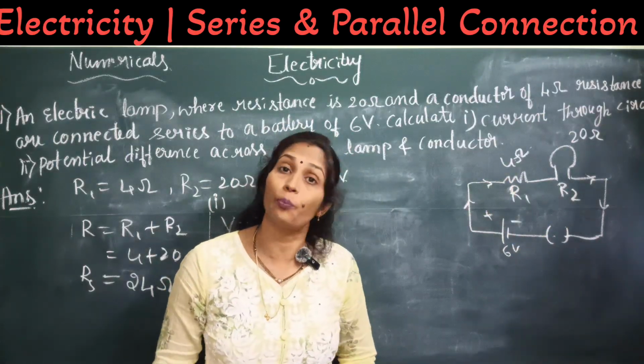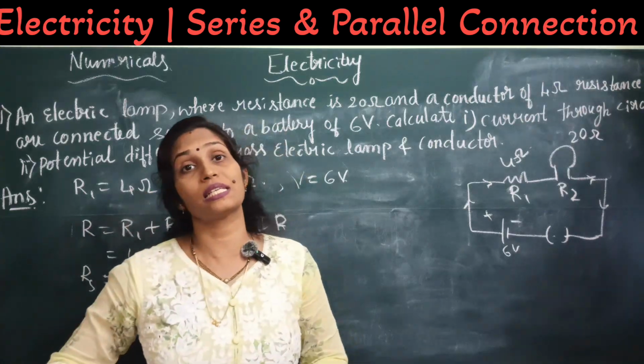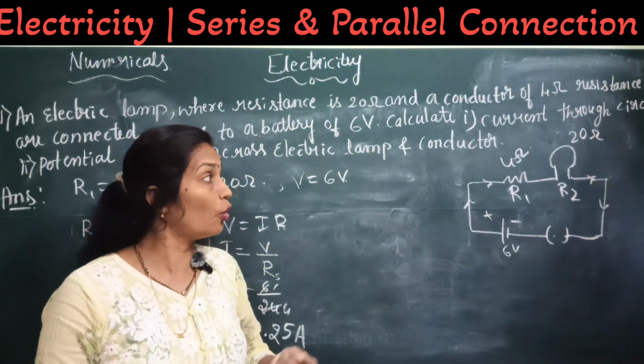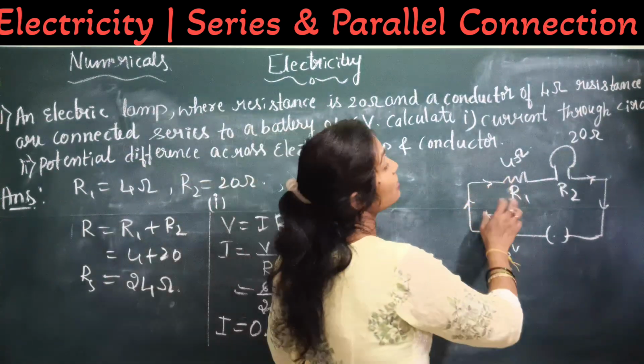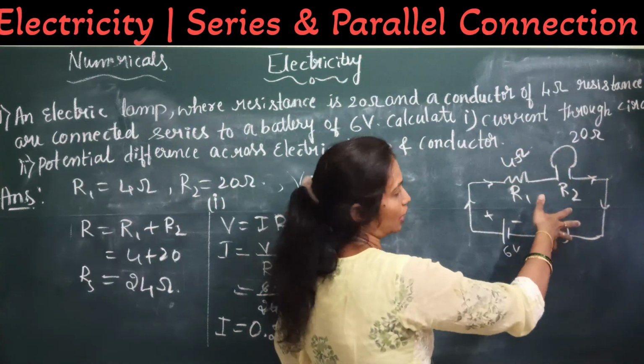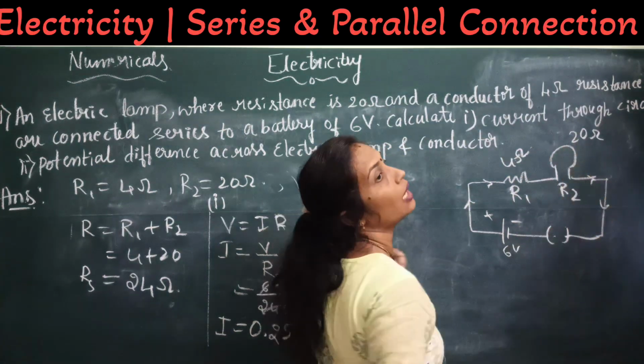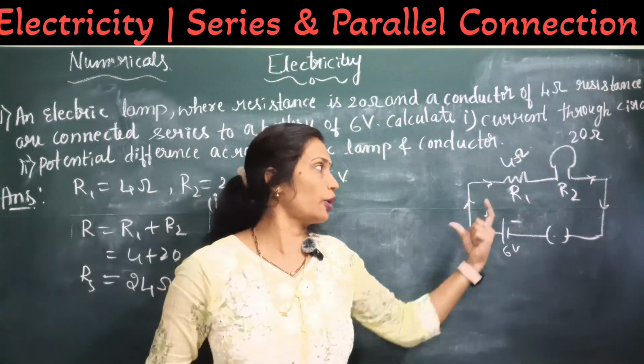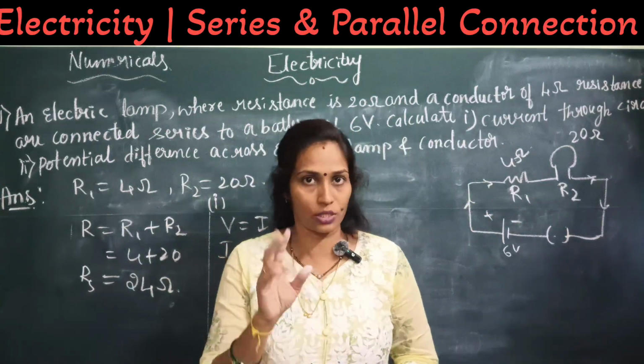Please note down that point also. If resistance is much in the given circuit, 100% the pressure will be high. The potential difference will be high. Please note down this one.